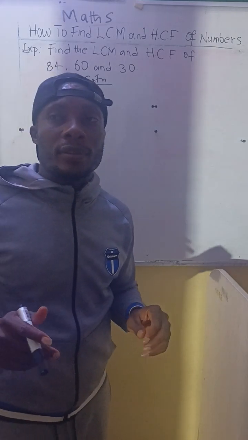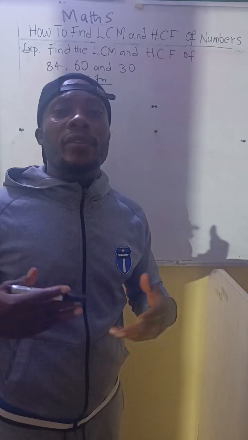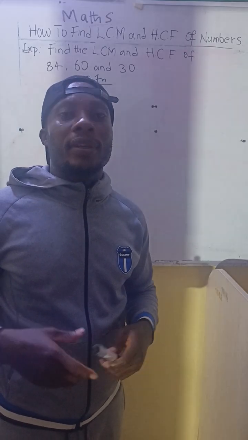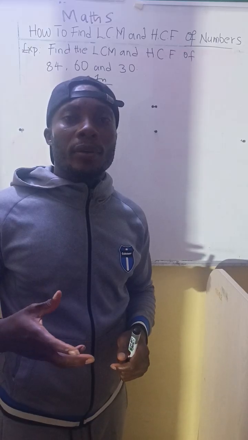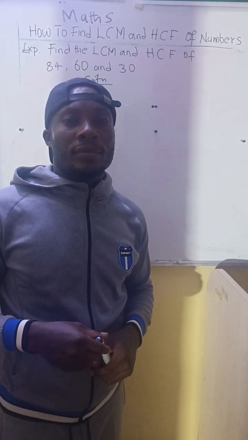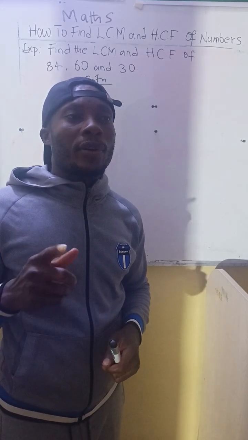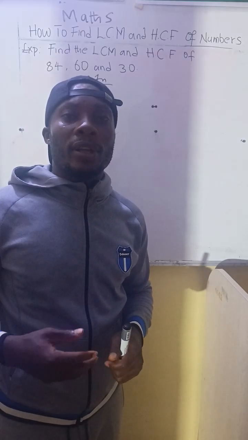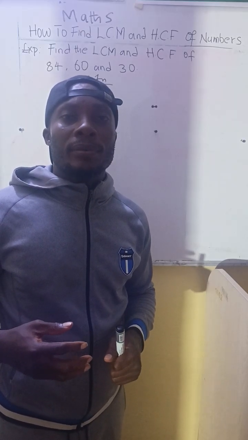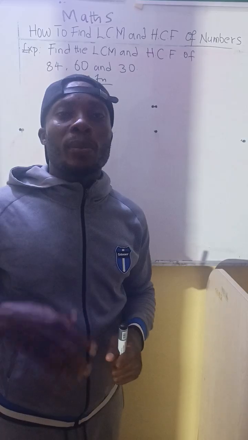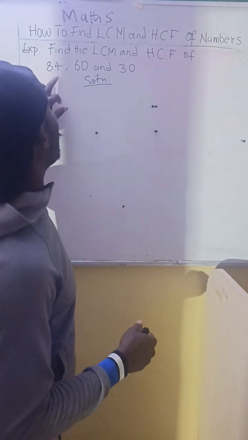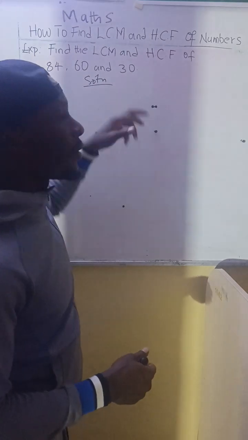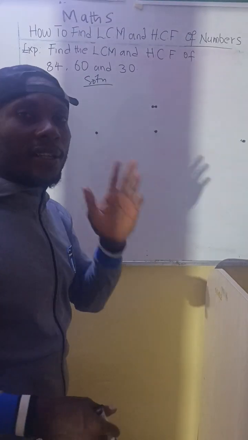Now, while using the tabular form, it means that we are going to draw columns. The columns are going to be based on the number of figures given to us. If you look at the question, 84, 60, and 30 are the figures.